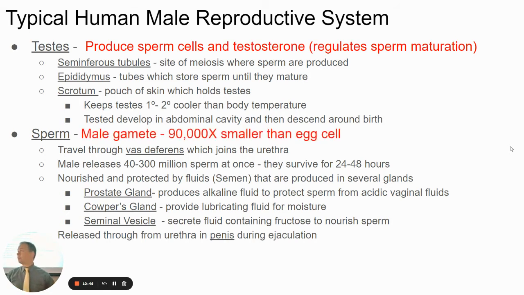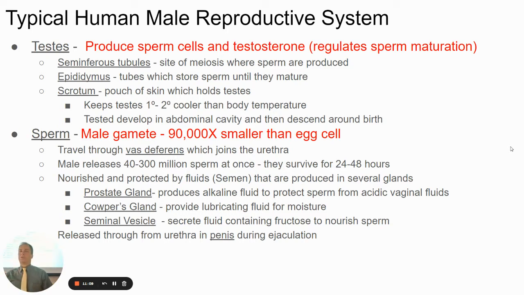Sperm cells themselves, as you know, are the male gamete, sex cell. They're really small, much, much smaller than the female gamete, the egg cell. And so they're produced, like we said, in the testes, mature in the epididymis, and are released from the body during ejaculation.